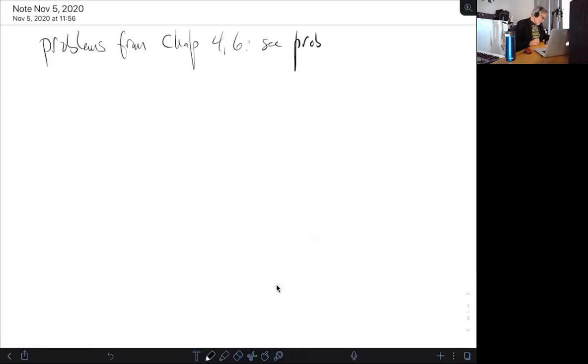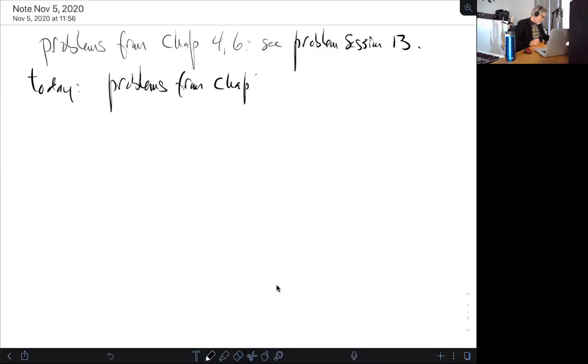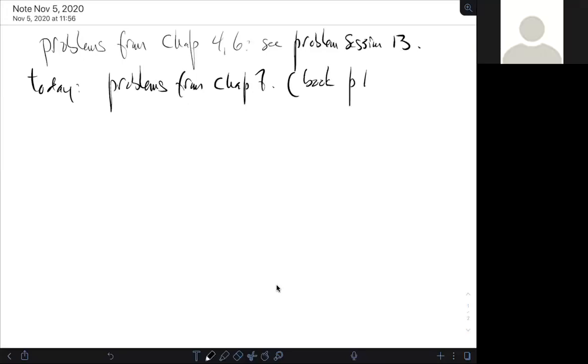Problem session 13, I think. Okay, so today, problems from chapter 7. In the book, this is on page 190 that I'm looking at right now.